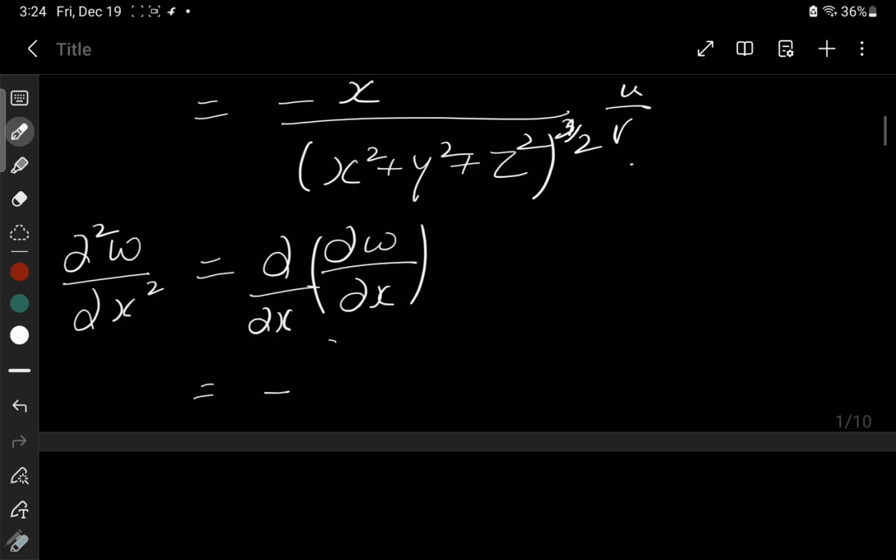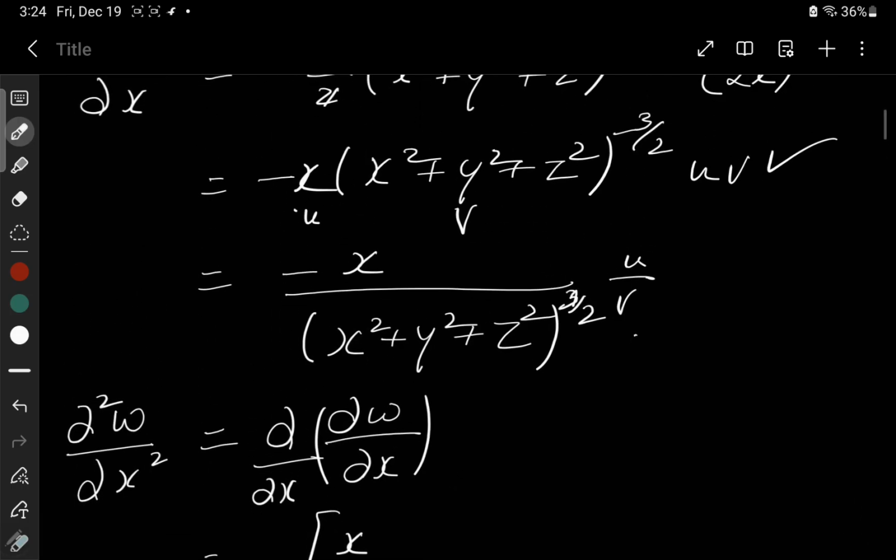So keep u, minus common, keep x as common, differentiate this.